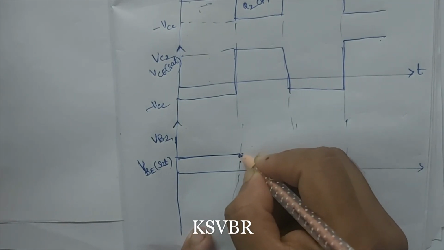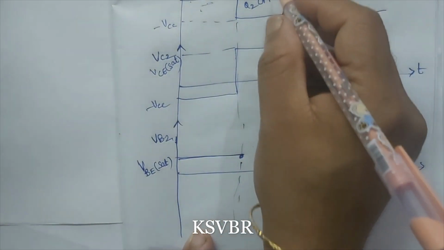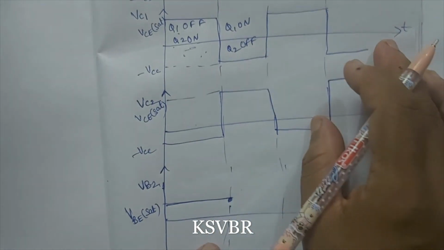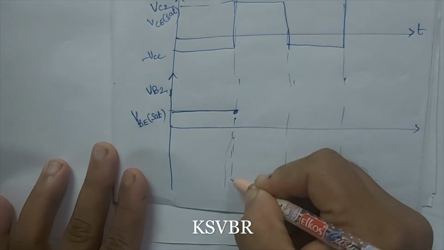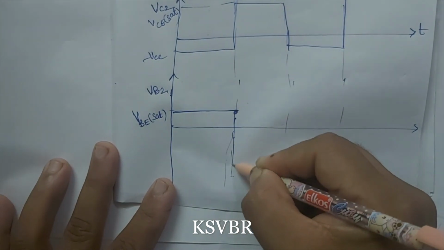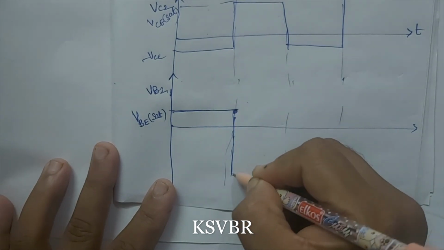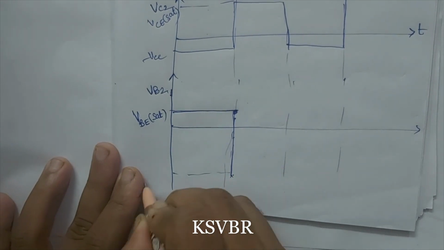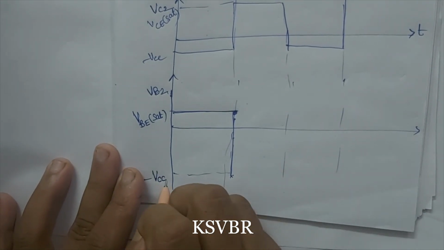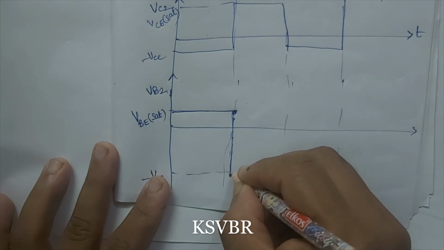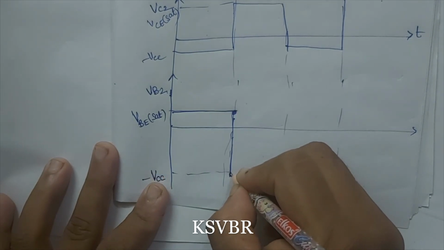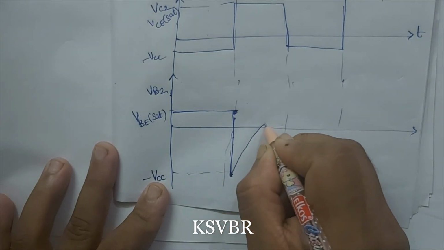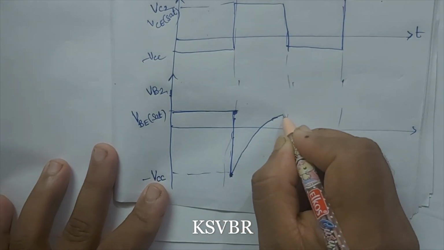After this period, then Q1 is off and Q2 is on. Whenever the stable state is turned into quasi-stable state, what will happen here? The curve flows like this, and by achieving certain point, means minus VCC, the capacitor starts discharging towards VCC, so towards 0.